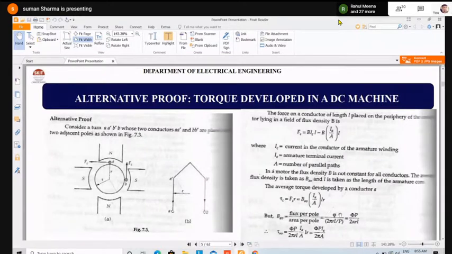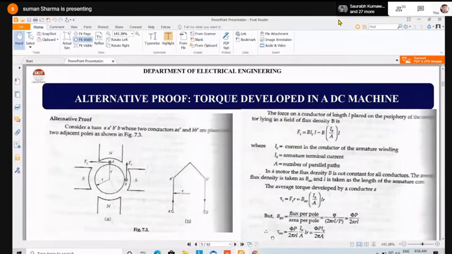Flux per pole means phi divided by P. Total flux will be phi into P. The area is the circumference times length, 2 pi r L, divided by P. So you get your average flux density as phi P, the total flux, divided by the area under one pole, that is 2 pi r L.